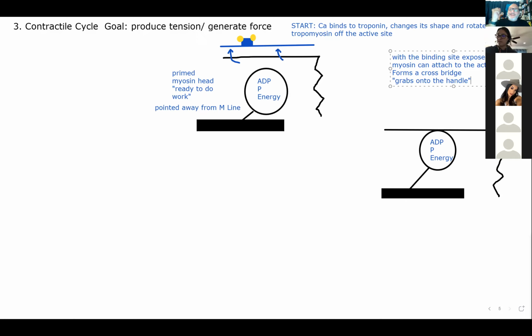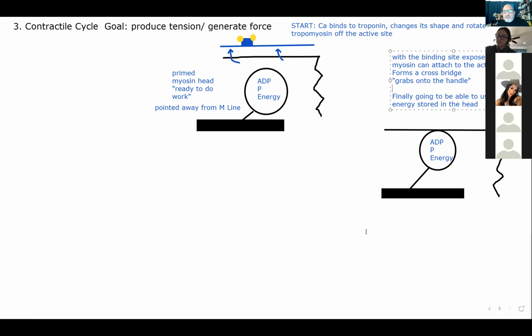Now, when it attaches, it is finally going to be able to use the energy that has been stored. Again, that energy has been stored in the head, and the myosin head has been waiting to use that energy.